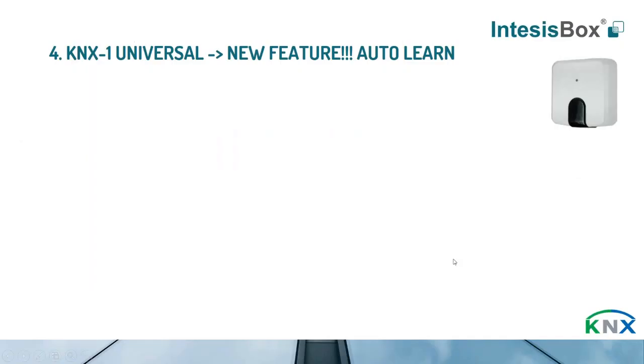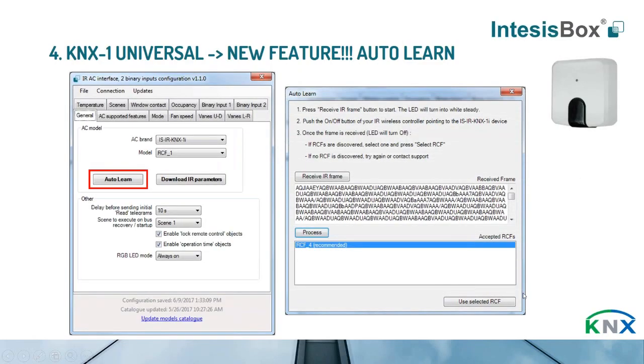So what we are doing is, as soon as you press the Autolearn button, our gateway, our device, will enter Autolearn mode, and as soon as you press a button from your remote controller to our gateway, let's say on/off or fan speed, then the gateway will be able to read this command, evaluate it, and give you feedback about the remote controller that you are using.